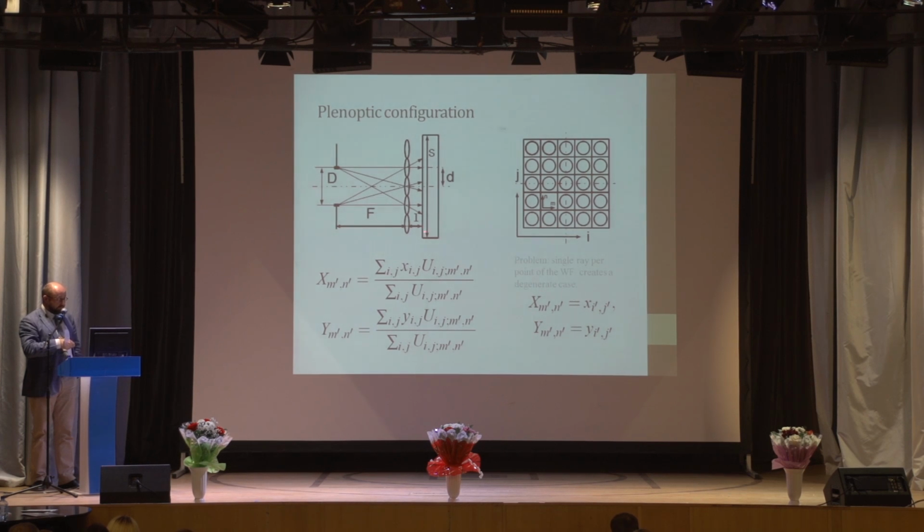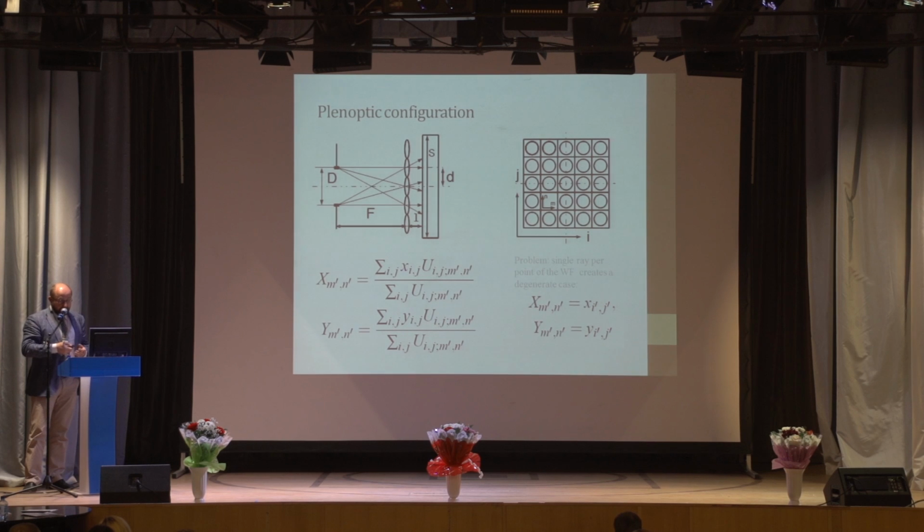In principle, we have a situation when we build a pupil image here, but there is no light that allows us to do that. So we have some kind of degenerate situation. In principle, this situation can be used to measure the wavefront, but it will not measure the wavefront, simply because there are not enough rays going in different directions.